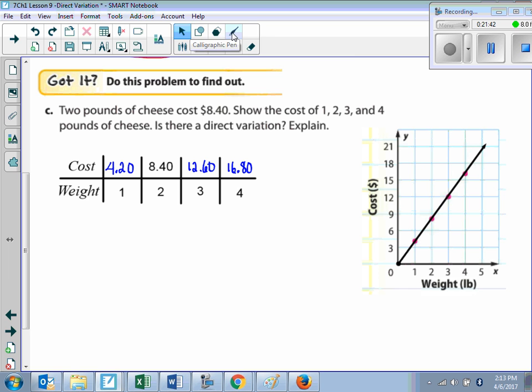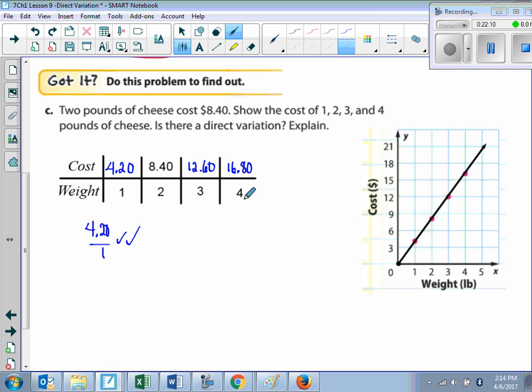So, the first ratio is $4.20 to 1. If I change $8.40 to a unit rate by dividing by 2, what am I going to get? $4.20 to 1. If I change $12.60 to a unit rate, what are we going to get? $4.20.